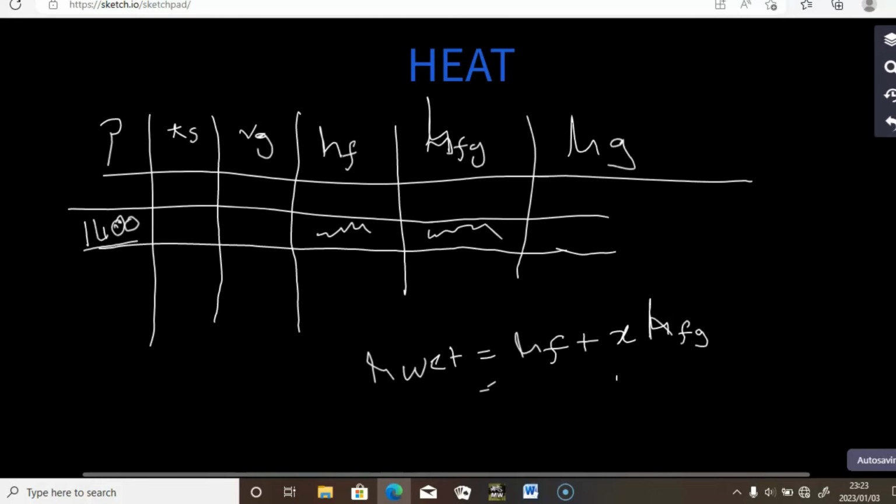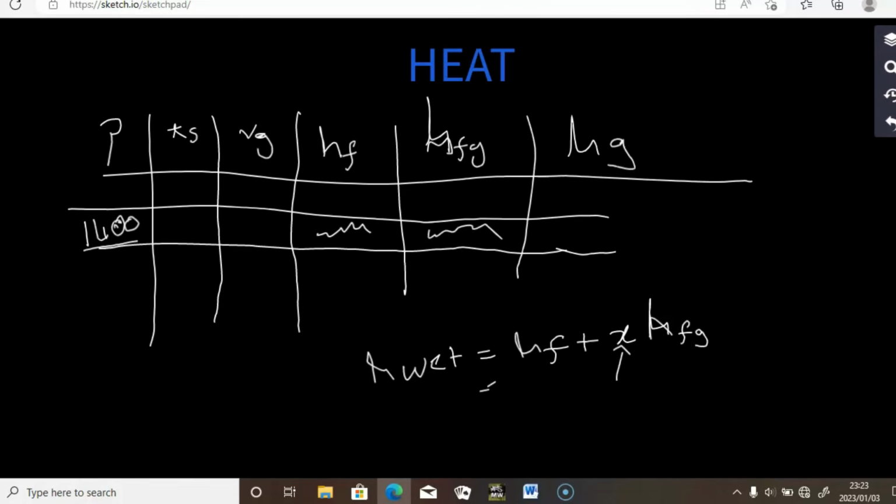The dryness fraction you will be given, and then from there you can do the calculation. You must know that the SI unit of these enthalpies in this table is kilojoules per kg, meaning we are dealing with 1 kg of mass.